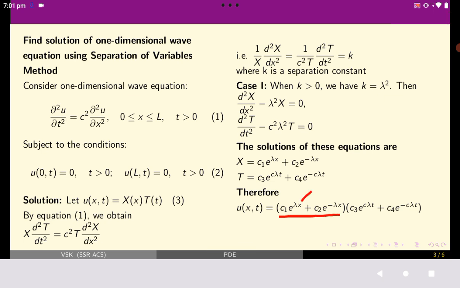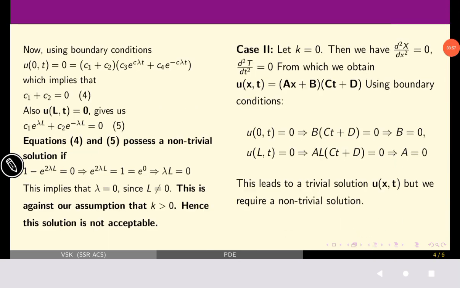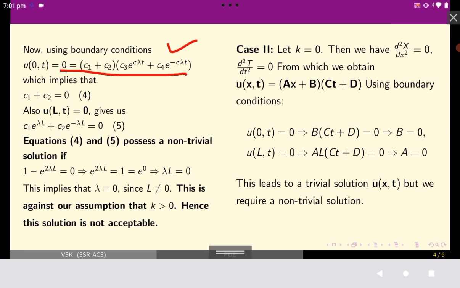So this gives (c1 plus c2) and this complete expression, and this will be equal to 0 when we put this condition. But if this is equal to 0, then simply we get c1 plus c2 is equal to 0. So this first thing we obtained.